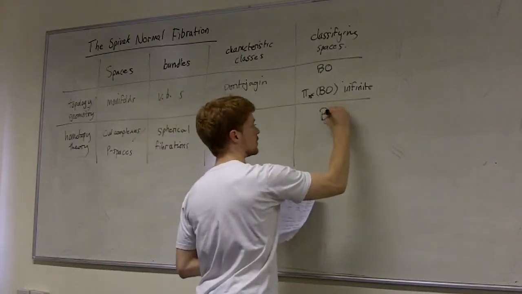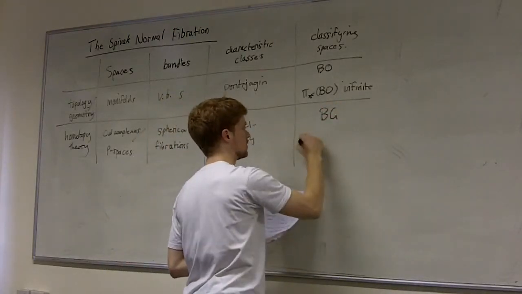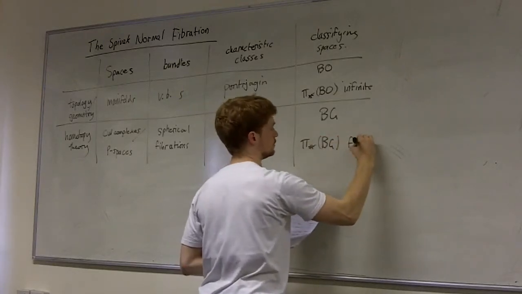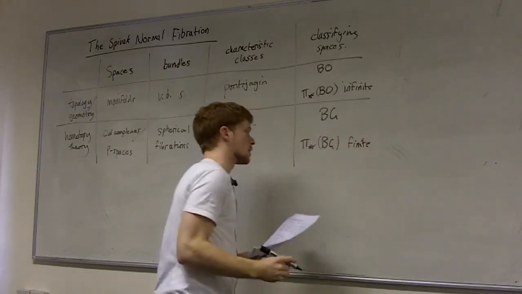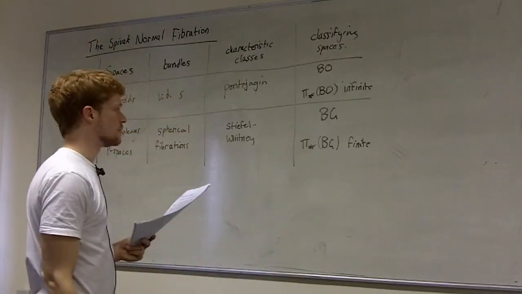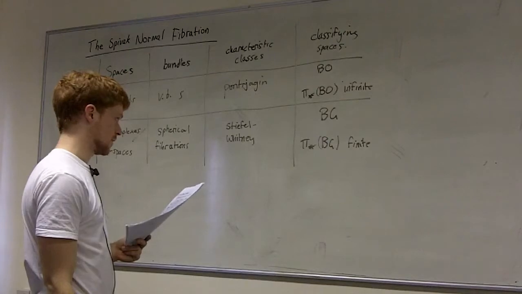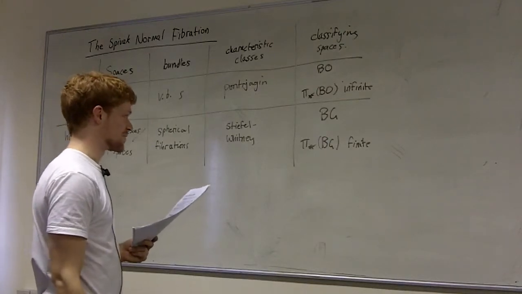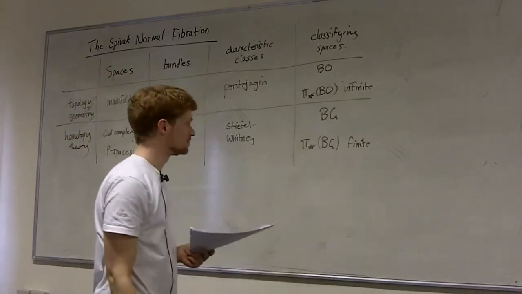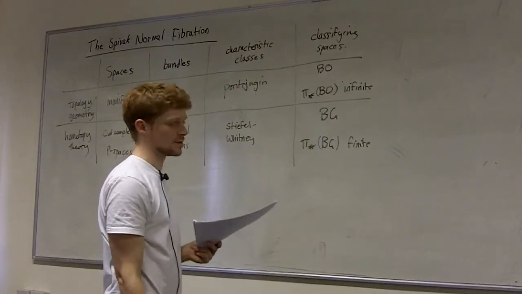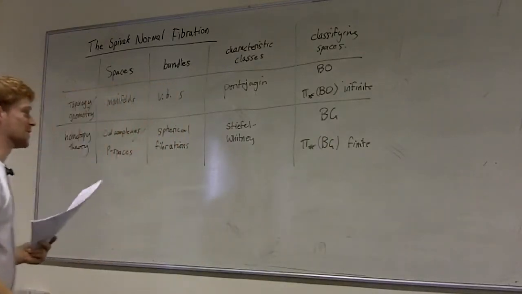And here we have classifying space BG, and in fact pi star of BG is finite. So there are fewer sort of invariants, if you like, of spherical bundles, but they're very hard to compute because you can show that this is actually the stable homotopy groups of spheres, which we don't know how to compute.